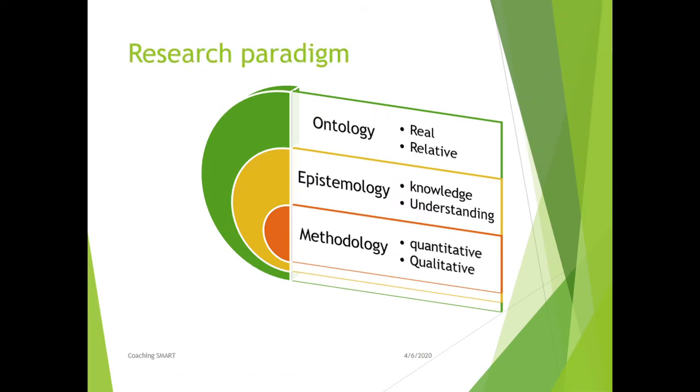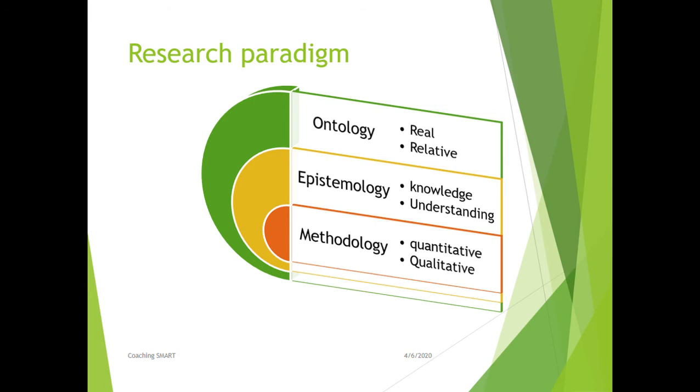Research paradigm. So the paradigm here, we are looking at the prototype, and our prototype will be focused on ontology, real and relative, real life situation. Epistemology is the knowledge perspective or understanding perspective. And then the methodology, we look at the quantitative and qualitative. These are the two methods that determine the research methodology.